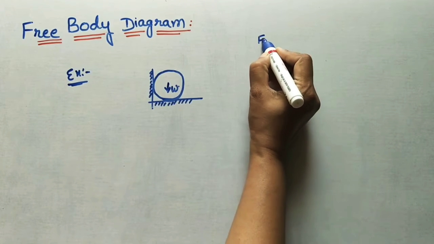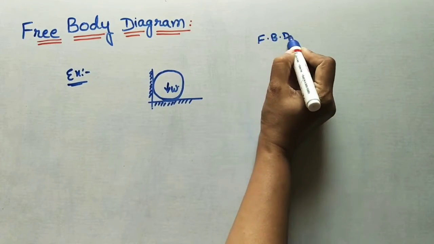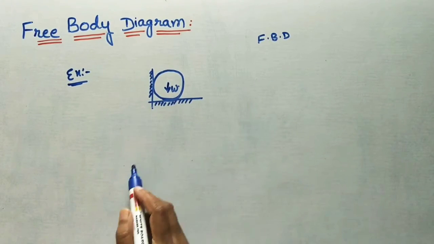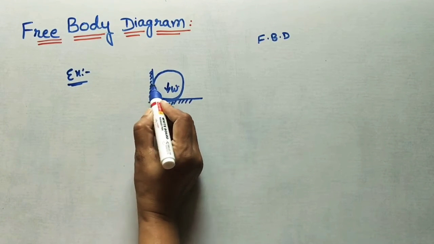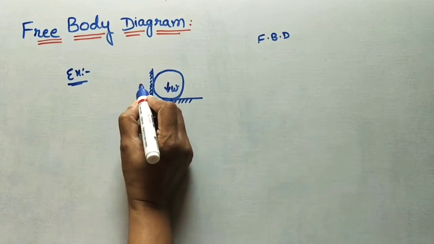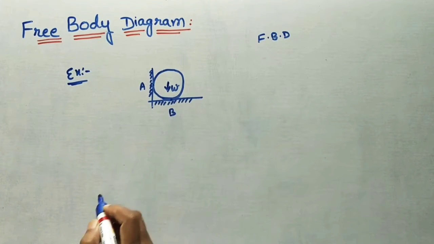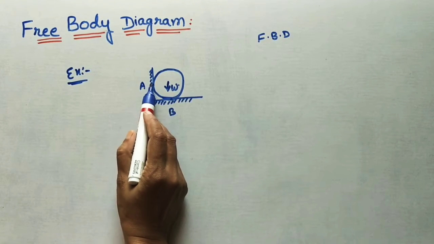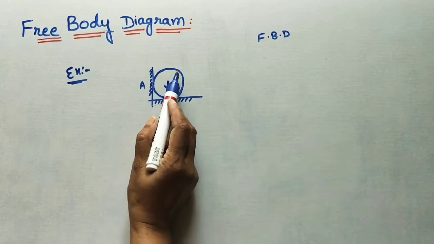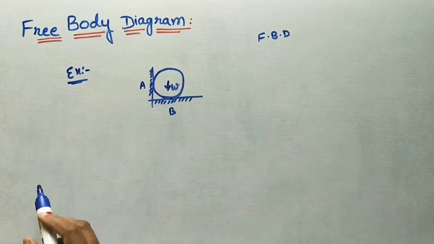We can call free body diagram FBD also. We are removing these surfaces. We are taking only the reactions because of these surfaces at A point and at B point. Because of A point, there is a reaction on the object at the contact point.